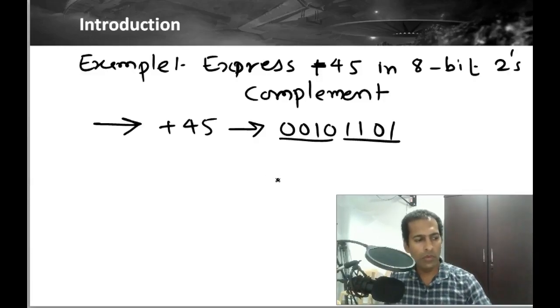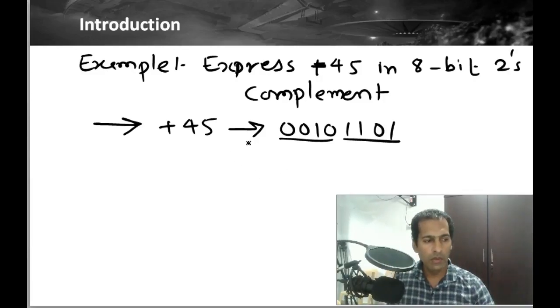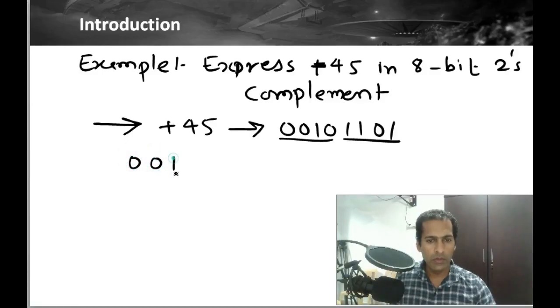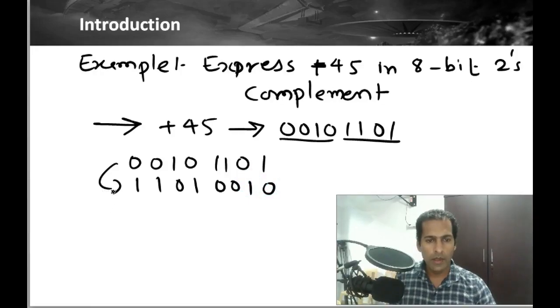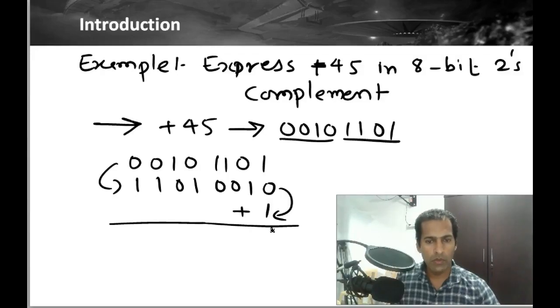Now we can use two methods. First method, we will find the ones complement of this number and add 1. So we will write here the number 0 0 1 0 1 1 0 1. Its ones complement will be 1 1 0 1 0 0 1 0, and for its 2's complement we have to add 1. So their answer will be 0 plus 1 gives 1.